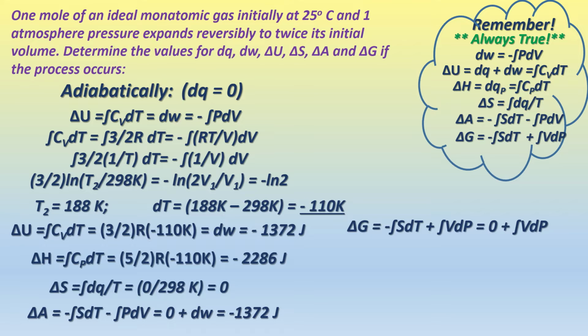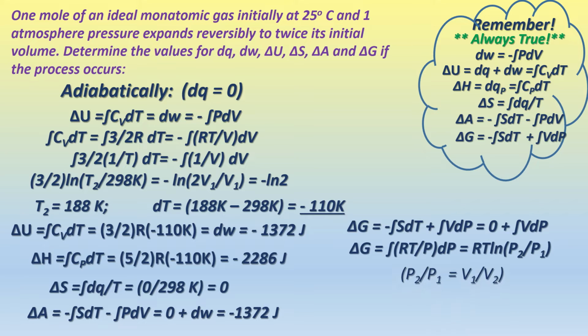Same with the Gibbs energy. Since entropy is 0, the Gibbs energy winds up being the integral of VdP, which, since V cannot be constant if heat is constant, substituting from the ideal gas law, delta G is RT over P dP, or RT log P2 over P1.